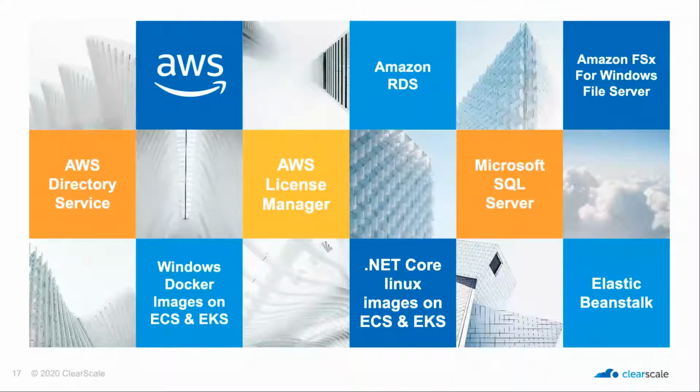Ben already talked about Directory Service, and I just talked about SQL Server going through RDS instead. You have Docker images you can put on ECS or EKS, or if you want to get rid of the Windows license and you have the availability to develop in .NET Core, you can use Linux, don't have the licenses, and move to ECS and EKS with those Linux images. Those are just a few examples.